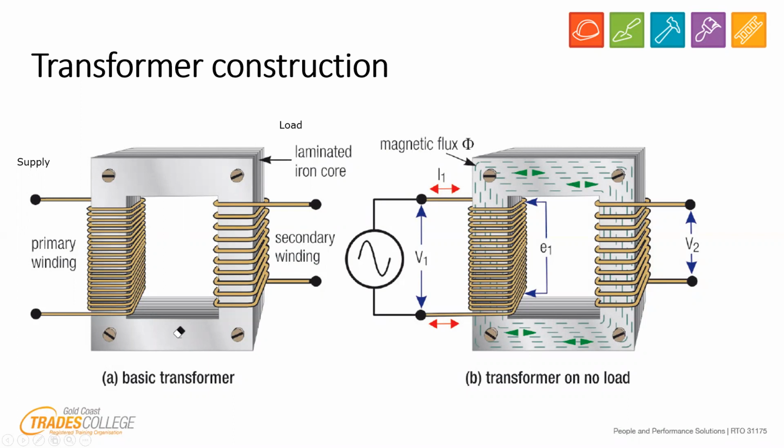The number of coils is the important thing to take into account here. If a transformer has more coils on the primary compared to the secondary, it is a step down transformer.